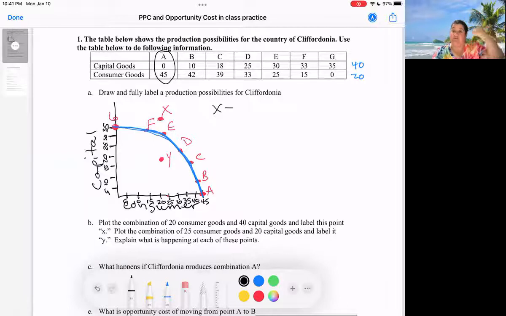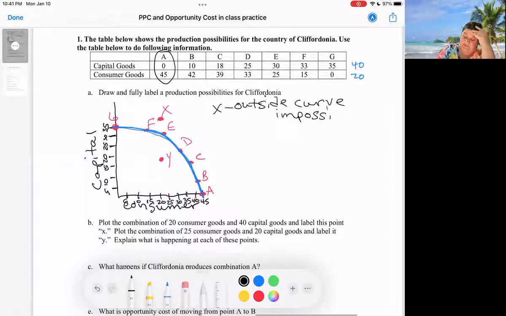It's outside of the production possibilities curve. So let's say it's outside the curve, which means it's impossible.